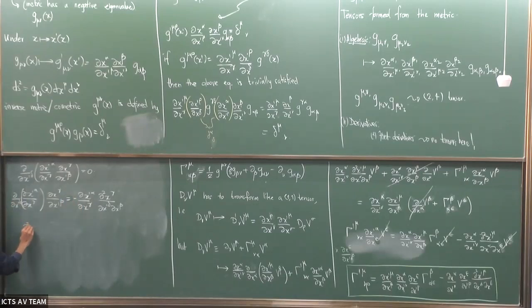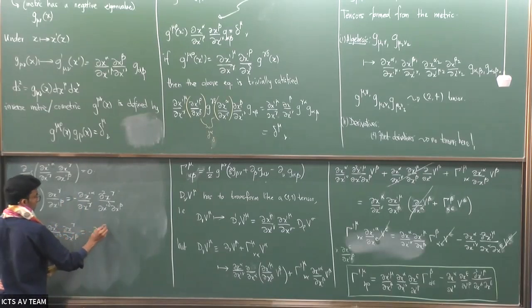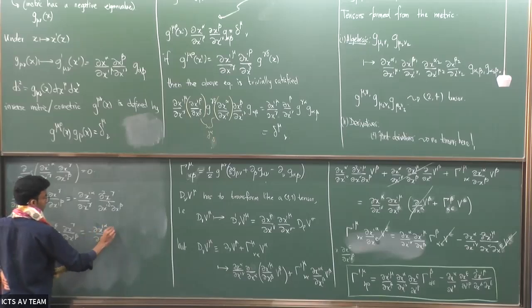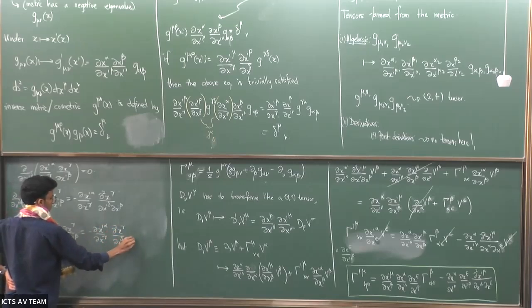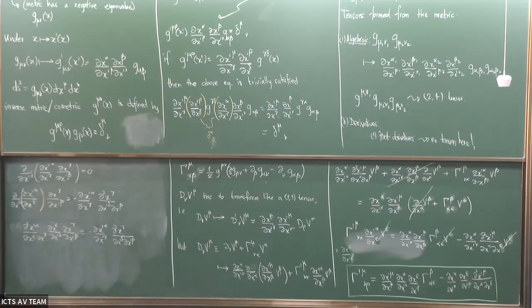This bit is just del squared x prime alpha over del x. Let's say epsilon. Okay, I think this should be it. Is that it? I think this is what you should use.